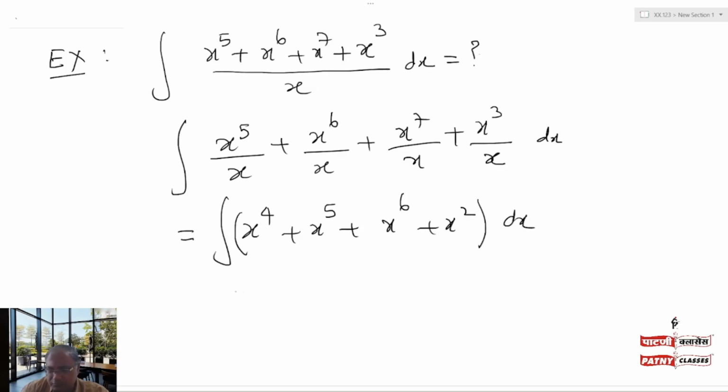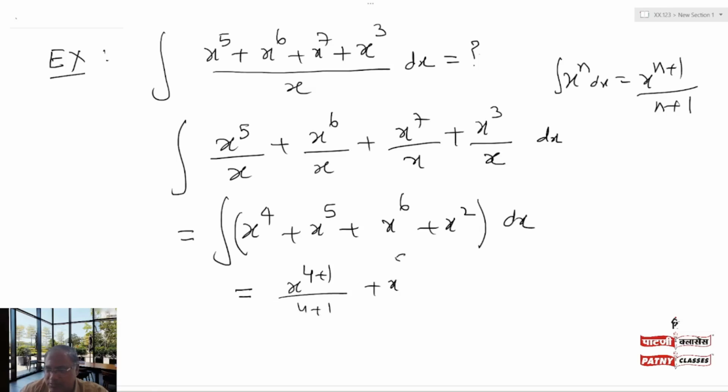Here again applying the x raised to n formula, x raised to n integration is nothing but x raised to n plus 1 upon n plus 1. Using that formula in each and every place, I get x raised to 4 plus 1 upon 4 plus 1, x raised to 5 plus 1 upon 5 plus 1, x raised to 6 plus 1 upon 6 plus 1, and x raised to 2 plus 1 upon 2 plus 1.